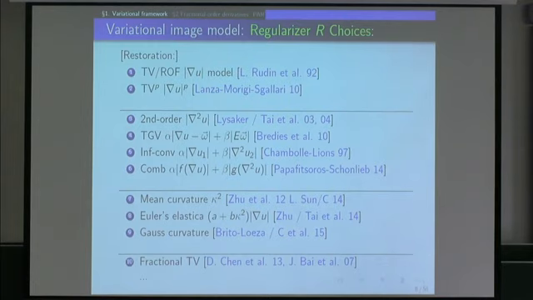First of all, the familiar TV, where you penalize the one norm of the gradient, and then you have this fractional power of the gradient, where you want some other properties depending on the smoothness or sparsity you want to have, and then this second order information you want to regularize.